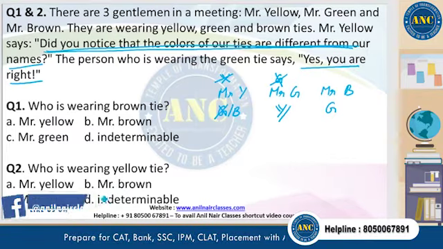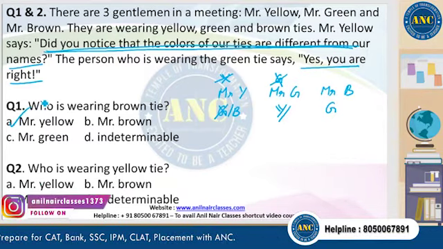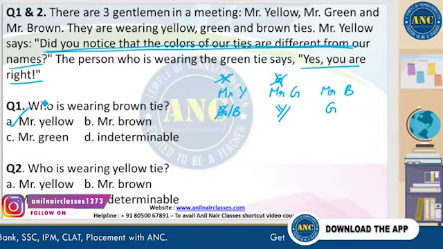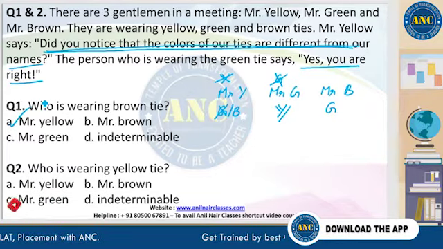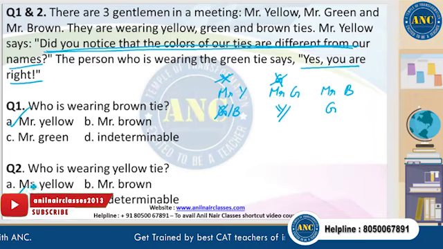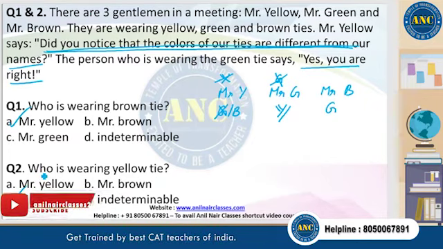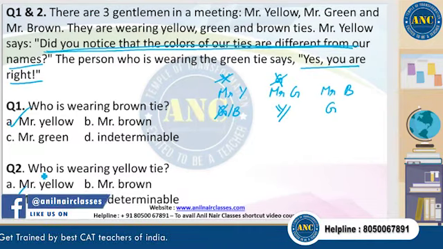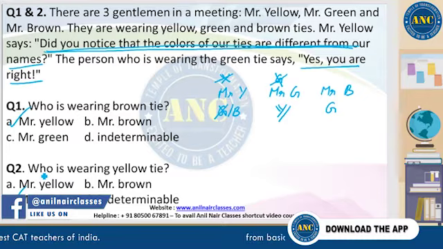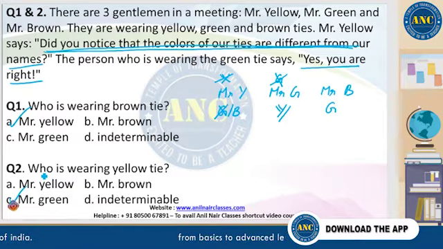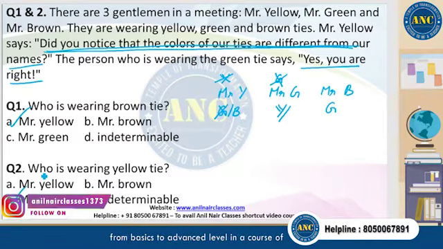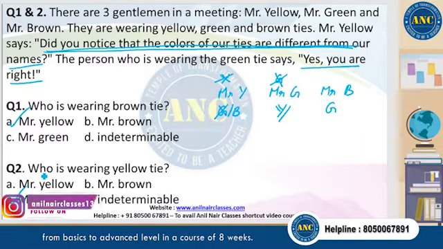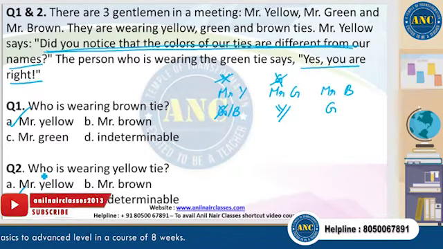Brown tie is worn by Mr. Yellow. And who is wearing the yellow tie? The yellow tie is worn by Mr. Green. Okay, so brown and green shouldn't matter for you, I'm hoping. Okay, superb. Let's take that this is fine.